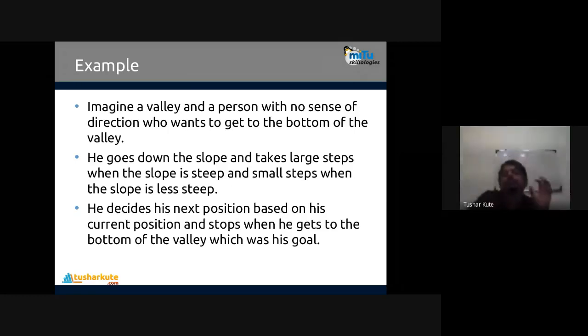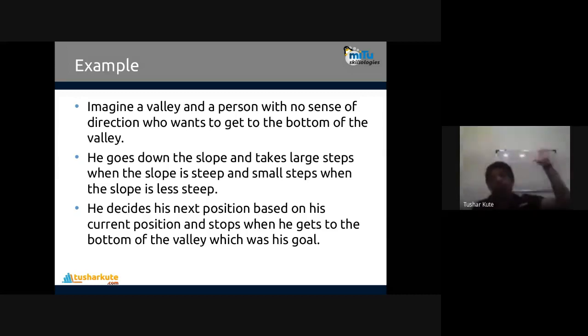He decides his next position based on his current position and stops when he gets to the bottom of the valley, which is his goal. This is the common idea of the descent method. When you are high up, your speed is very fast and your steps are also large, but as you come closer to the goal, your steps slow down.